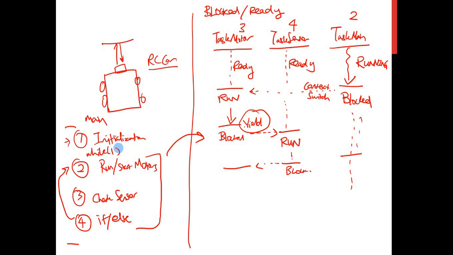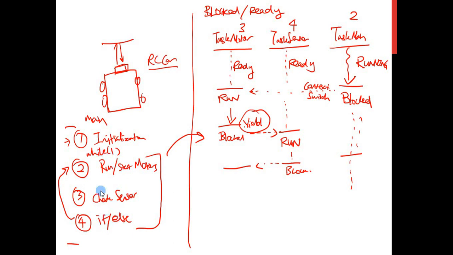After that, you will probably have an infinite loop where you run the motors and then check the sensor to detect some obstacles. If I detect some obstacles, then I have some if-else statements to decide whether I should turn right or turn left and so on, and then I repeat this indefinitely.